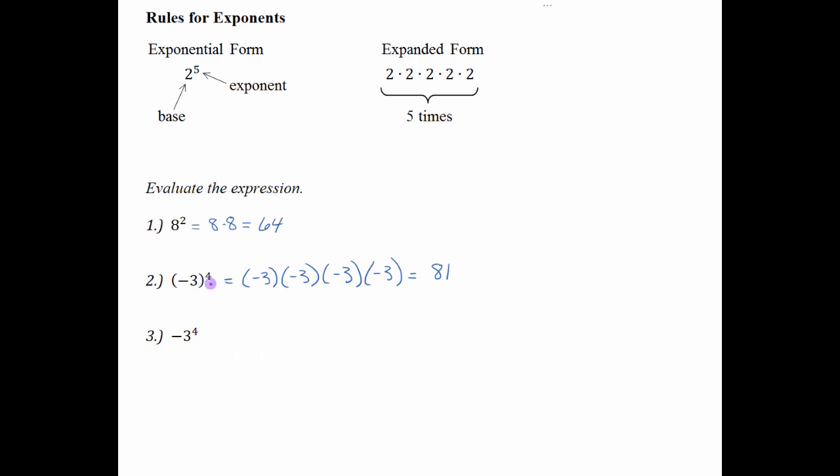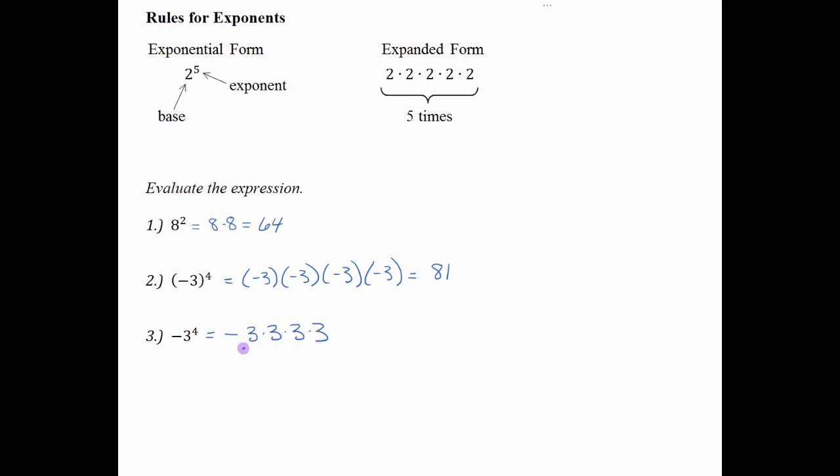This looks very similar to example 2, but notice that the exponent of 4 is only on the 3. It does not affect the negative in front. So this really means the opposite of 3 times 3 times 3 times 3.